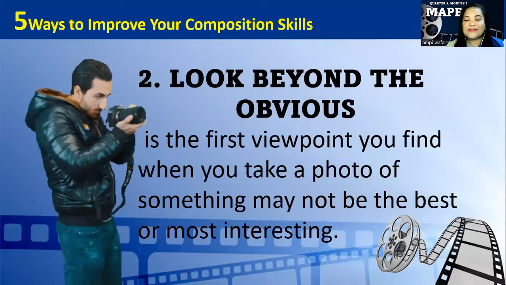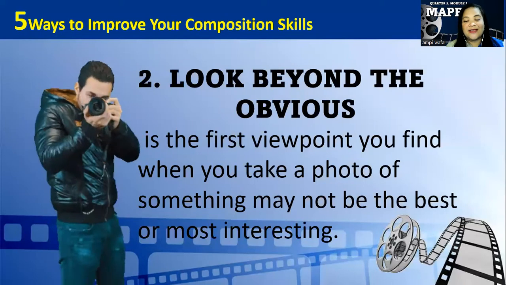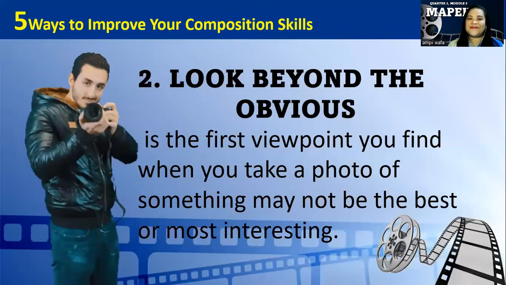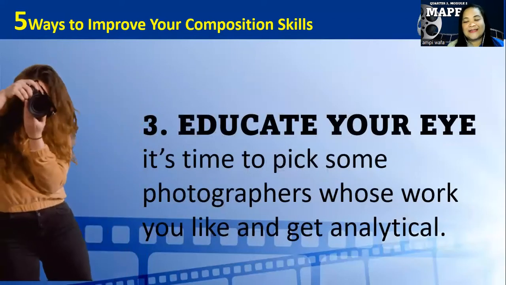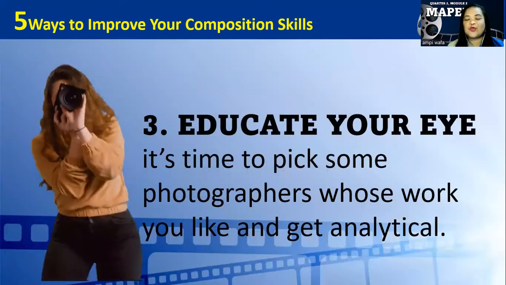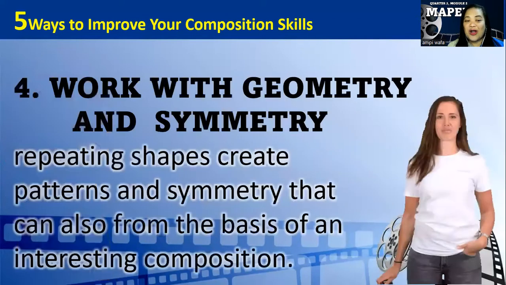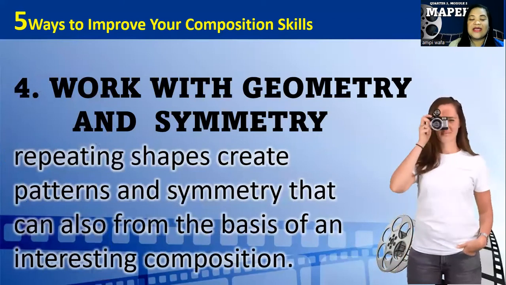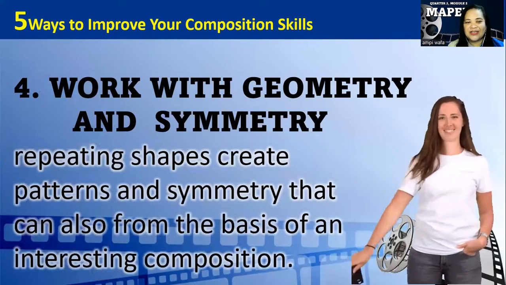This is the first viewpoint you find when you take a photo of something that may not be the best or most interesting. Number 3, educate your eye. It's time to pick some photographers whose work you like and get analytical. And number 4, work with geometry and symmetry. Repeating shapes create patterns and symmetry that can also form the basis of an interesting composition.